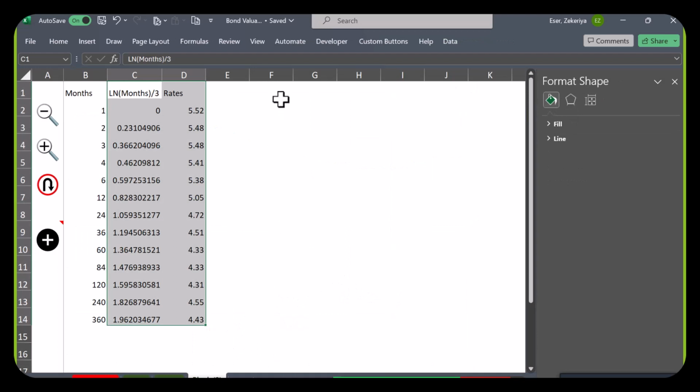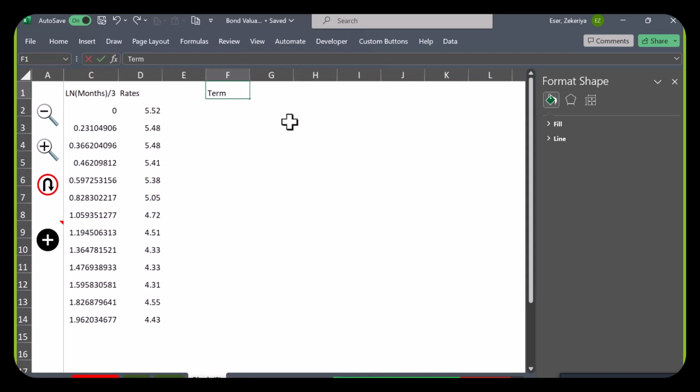So here I'm going to have coefficients or term.